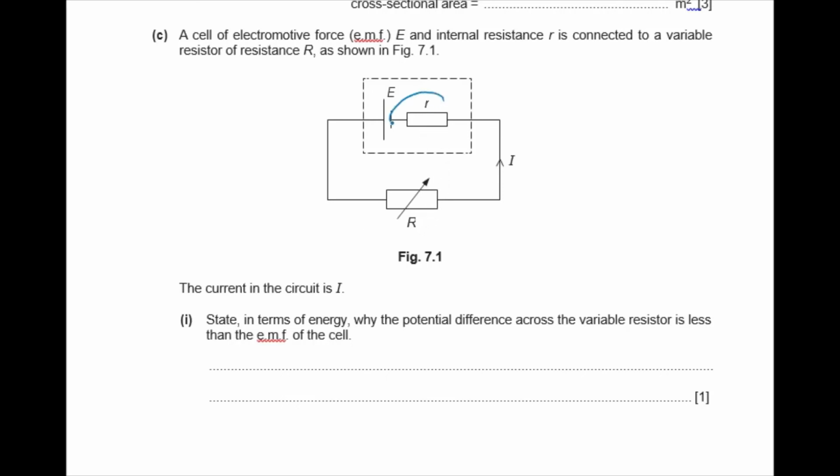So, because we have internal resistance, energy is dissipated in the internal resistance r of the cell.